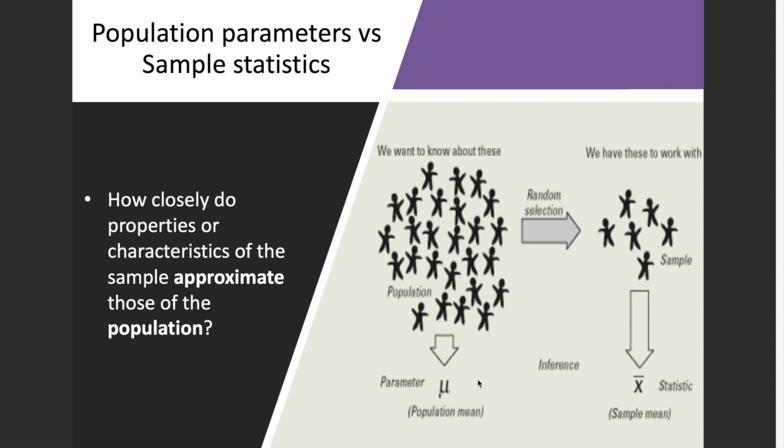The population mean. Here we have X with the bar on top, that's the sample mean, that's a sample statistic. And for the population, we have mu, the population mean, denoted by the Greek mu, okay? Remember that. For population, we use mu, and for sample mean, we use X with the bar on top.